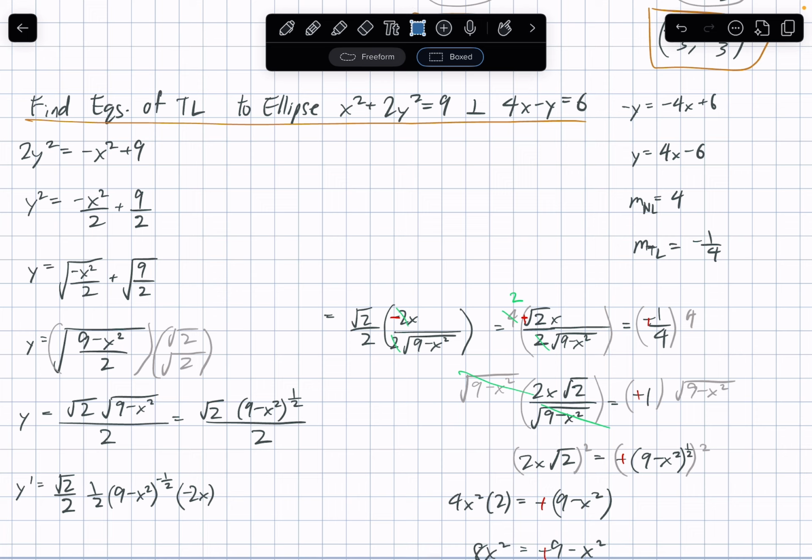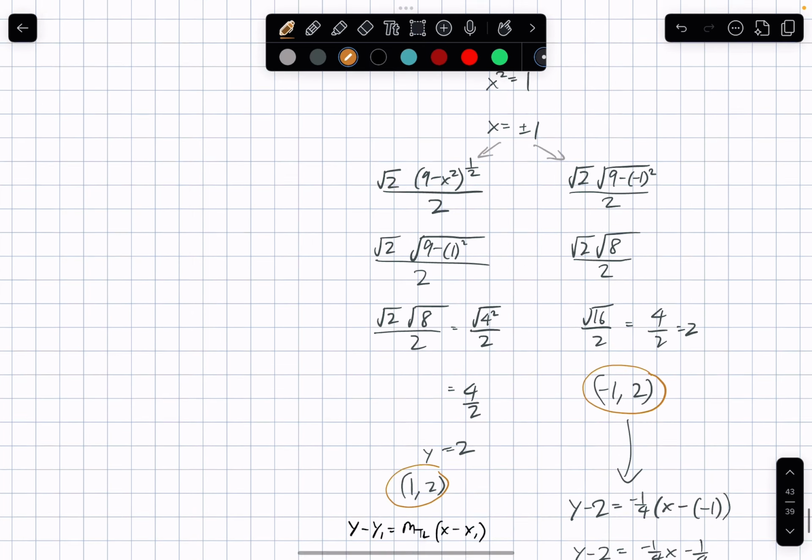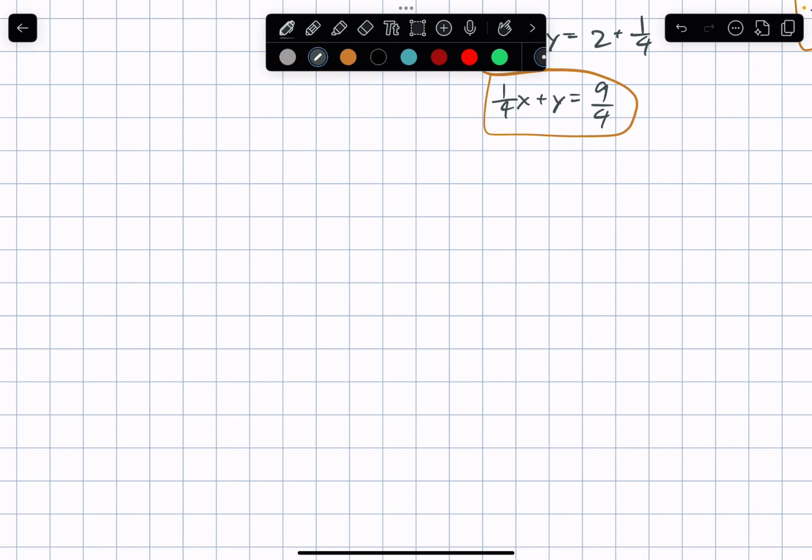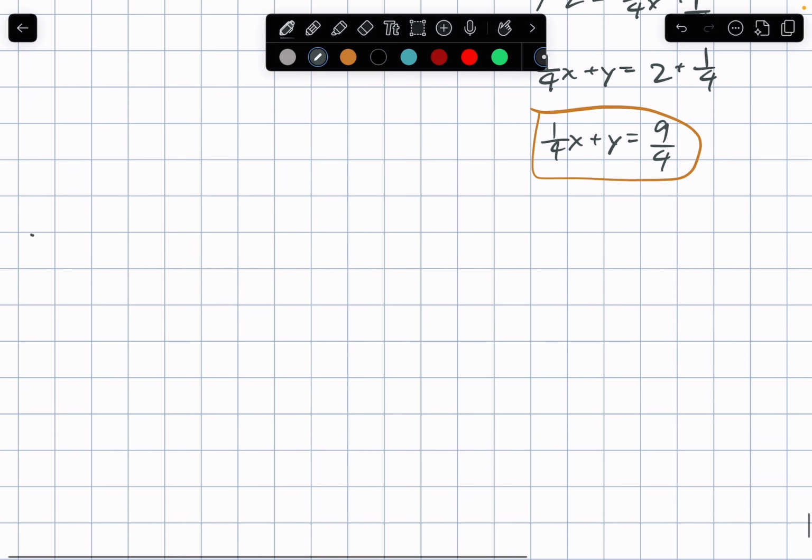How many questions do we still have? 1, 2, 3, 4, 5. 4 questions left. Let's keep going. It's either I do 4 or 3, depending on if I feel generous.